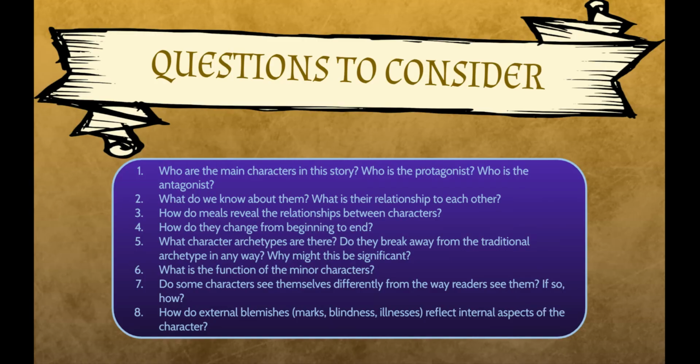If we have character archetypes, do they kind of break away from those traditional archetypes? And if they do, why is that significant? What function do main characters play? Do some characters see themselves differently from the way readers see them? If so, how? And what does that kind of indicate about them? If they've got some external marks, how would those reflect some kind of internal aspect to their character?